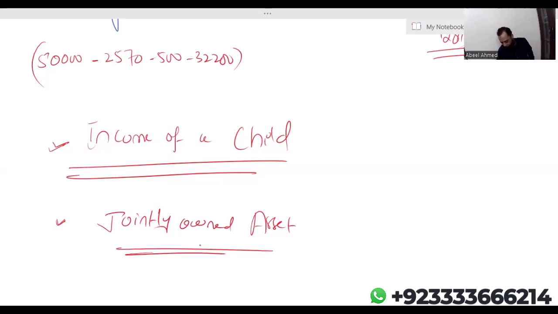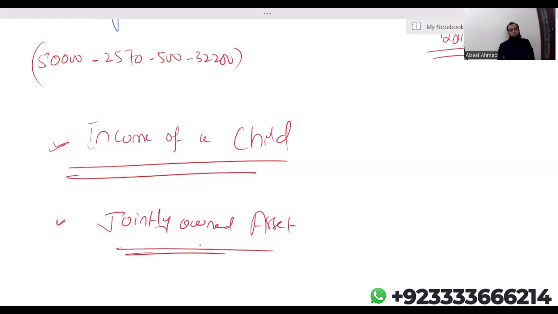Irrespective of actual ownership. There's a possibility that actual ownership proportion is different. But HMRC says in case of husband and wife, civil partners, there is a jointly owned asset.